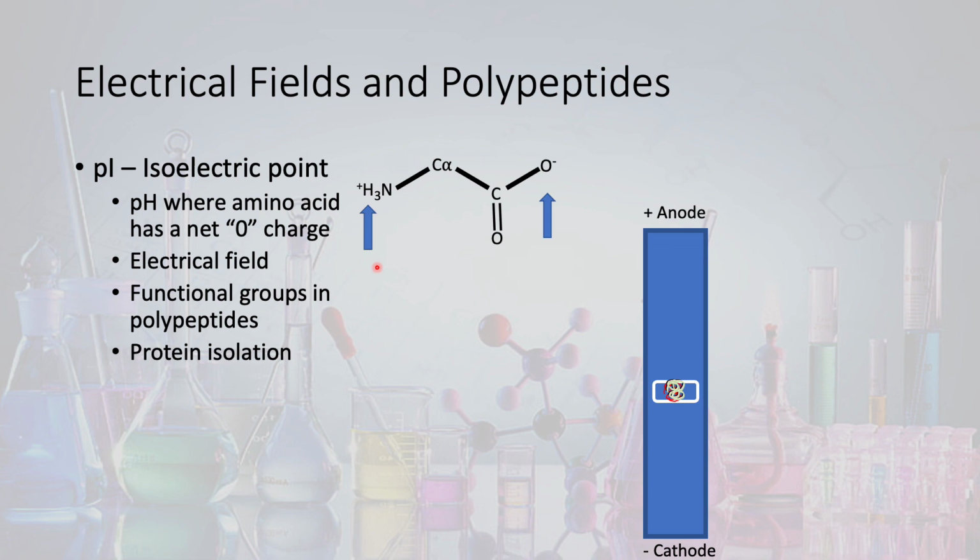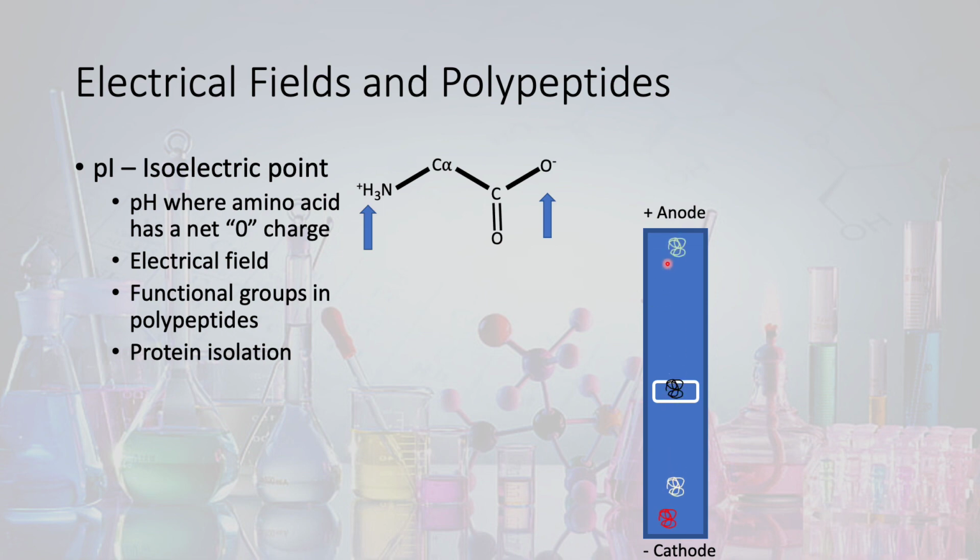And in the lab, we use things like isoelectric point to help us isolate certain proteins, right? So we can explore and isolate and precipitate specific proteins by placing them into solutions of different pHs and running them in an electrical field.